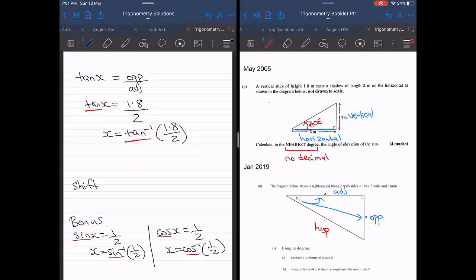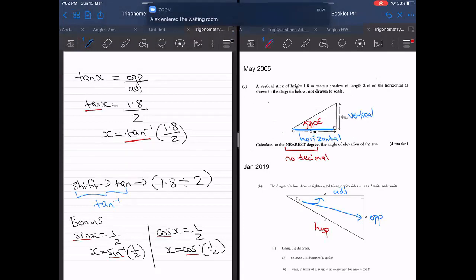So when you press shift and then tan, what you should see appear is tan inverse. That's what you should see on your calculator. Then I would put a bracket and put 1.8 divided by 2, close bracket. So I put tan inverse, open bracket, 1.8 divided by 2.